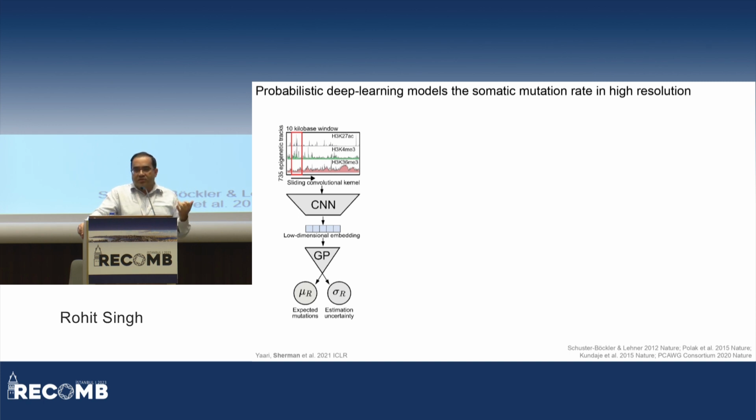And the end result of this convolutional neural network is a small fixed length embedding. And the idea is that you take all of those epigenetic features and you collapse that into a small latent space. And that latent space essentially ends up being the input to your GP, which then predicts what the mu and the sigma of the negative binomial will be.